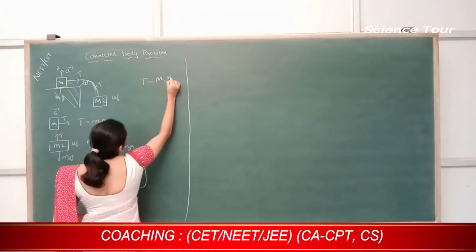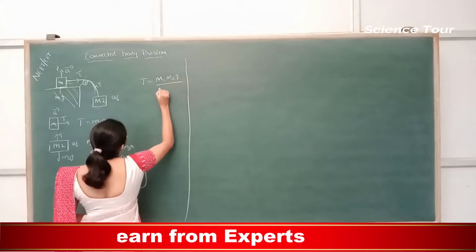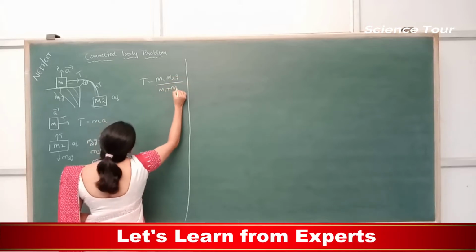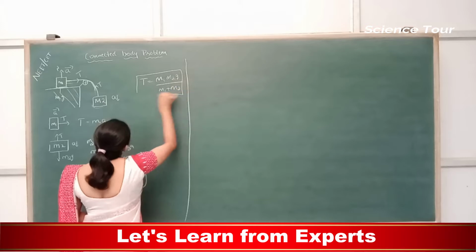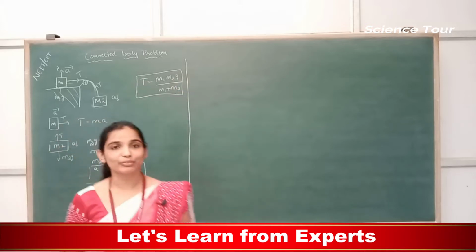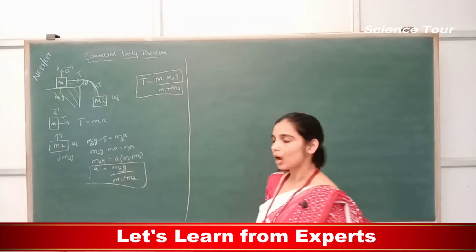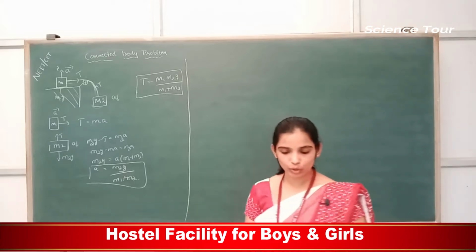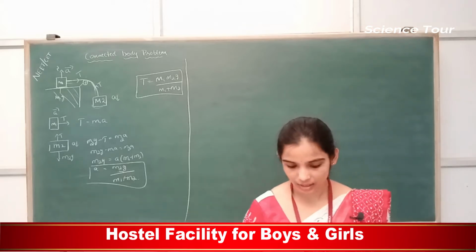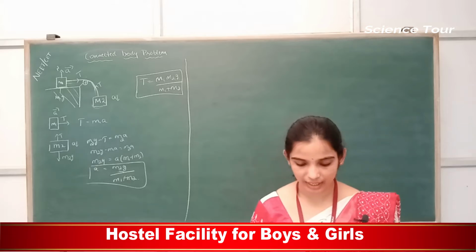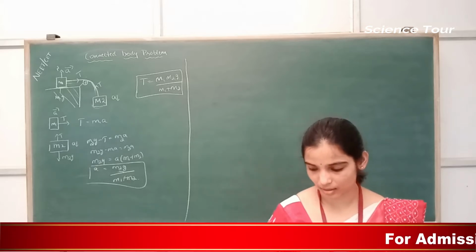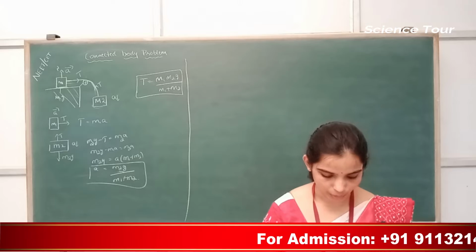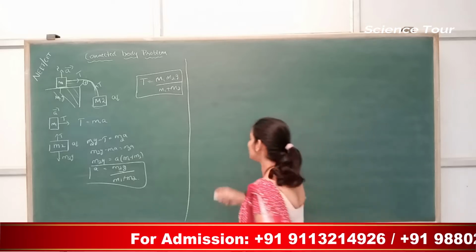Acceleration is M2 into g divided by M1 plus M2. So this is your tension. This is by the free body diagram method. How to arrive at the direct formula, I will tell you. We'll move to the next kind of connected bodies.